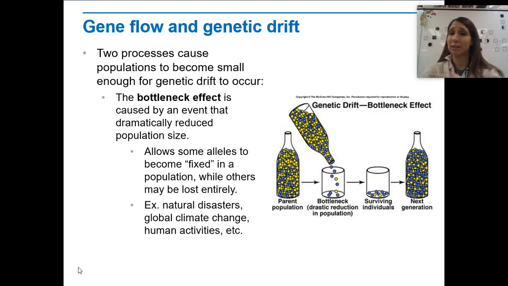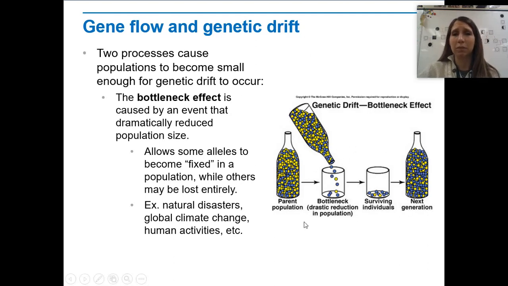If they happen to be in the wrong place at the wrong time, if they're on one part of the beach and the hurricane strikes the other, or vice versa, that can lead to certain death for those palm trees. So when we think about the bottleneck effect, these are often unpredictable, random in nature, but they severely limit a population size. The analogy here is of beads in a bottle.